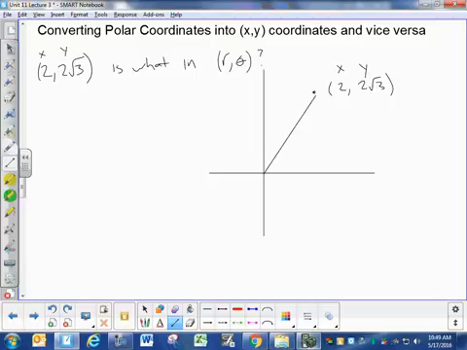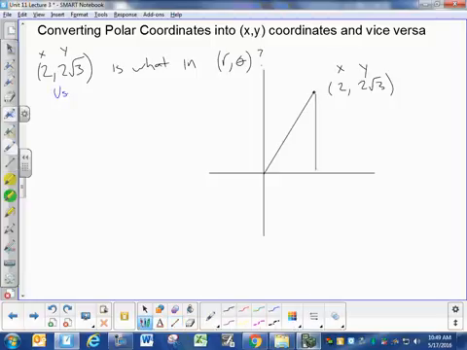A triangle. And from the triangle will come equations. We will use triangles, right triangles, to help us convert. So 2 root 3 is telling you that this x distance here is 2 and this y distance here is 2 root 3. I want an r, then a theta. So that means I want r there and I want theta there.